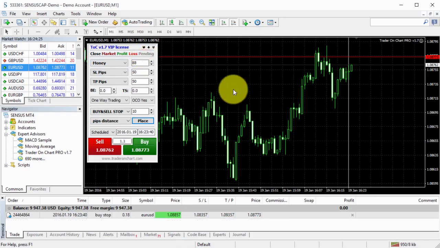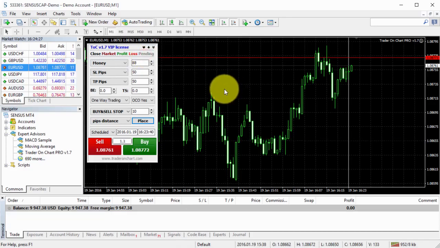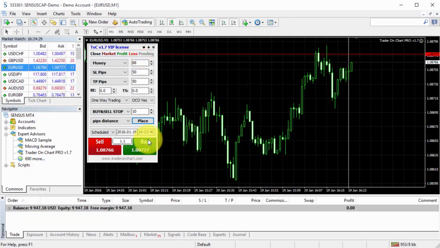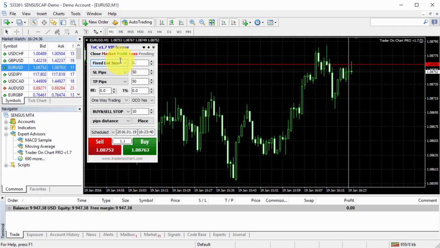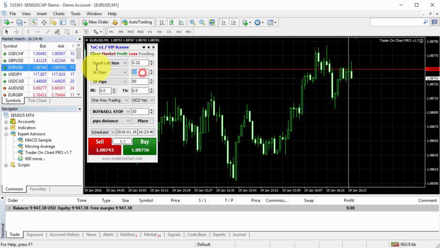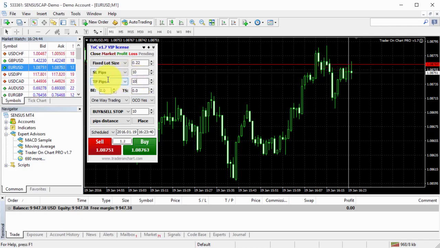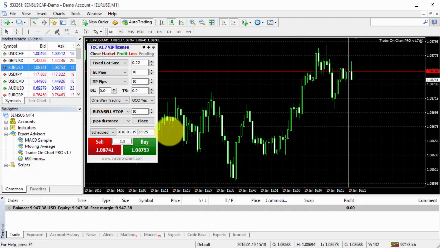and let's close them. So let's try to schedule something else. Let's try to schedule, let's say, a fixed lot size of 0.22 with a stop loss of 10 and a take profit of 10, and let's schedule it at 25 minutes and click buy.